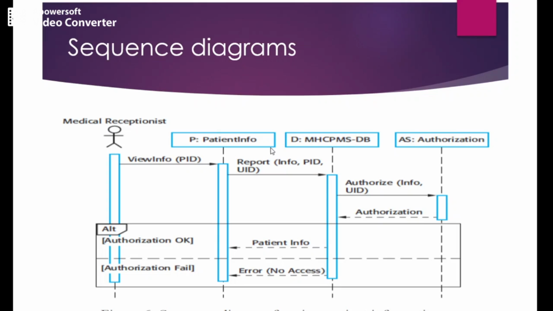You can see here the actor, the medical receptionist. The sequence diagram shows the interaction between the actor and these classes. Patient information is the class and P is the object. So mainly it is showing the interaction between the actor and the objects.